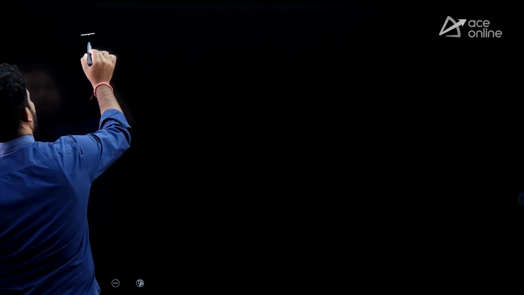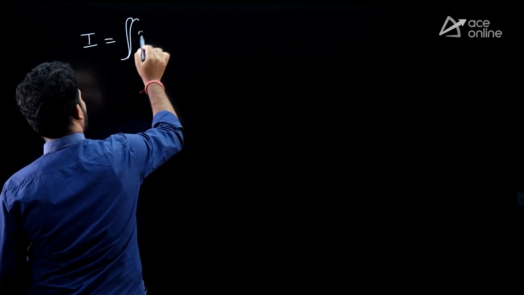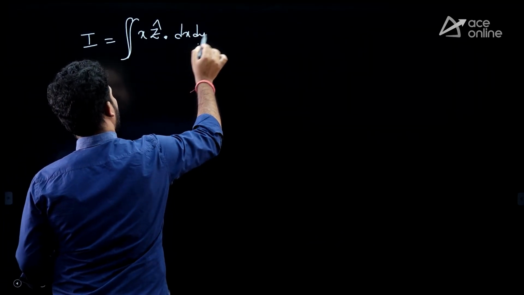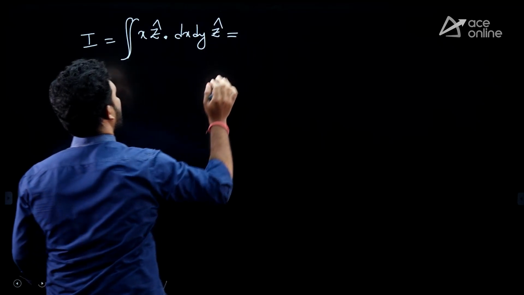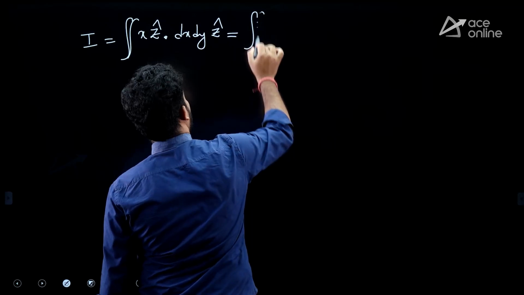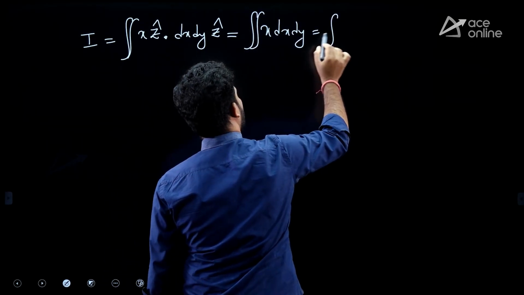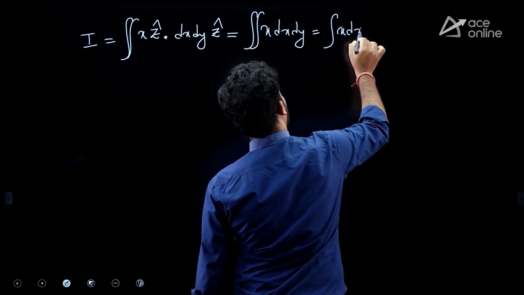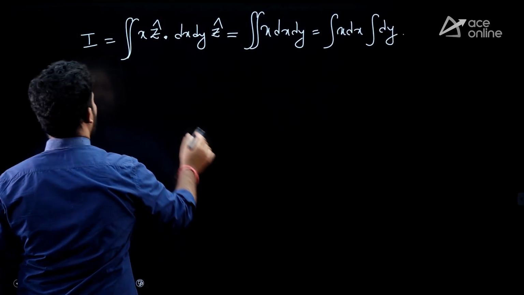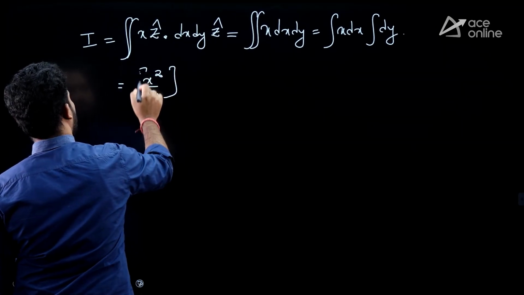So what happens to the integral? It is surface integral of x z cap dot product with dx dy z cap. Clear guys? So what happens to this? This is surface integral of x dx dy. Separate out the variables. It is x into dx dy. Perform the integration. So this is x square by 2.